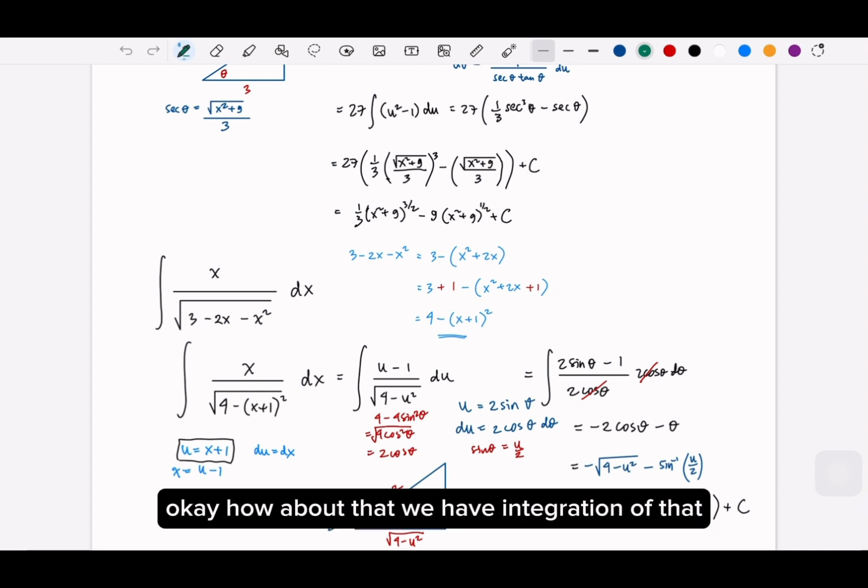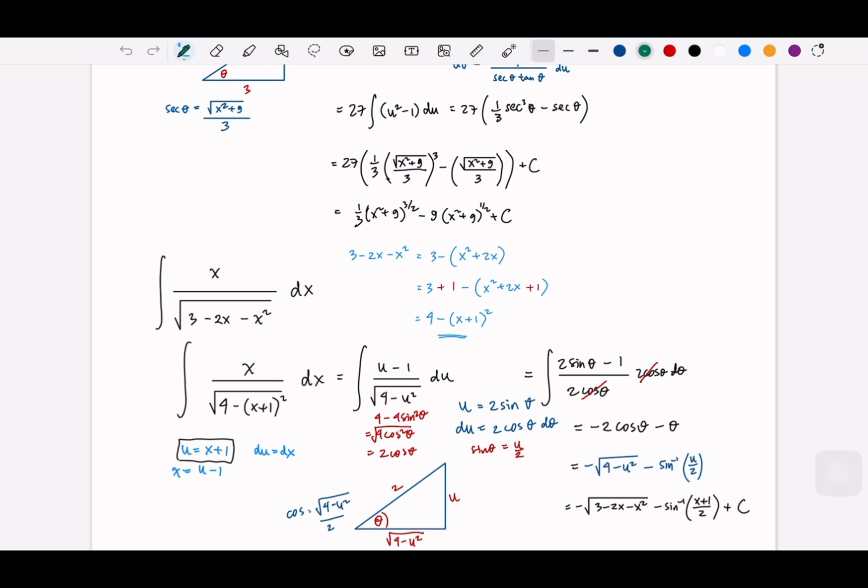Okay, how about that? We have the integration of that. Okay, try this one.